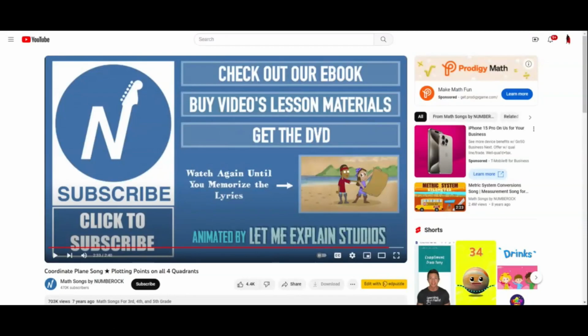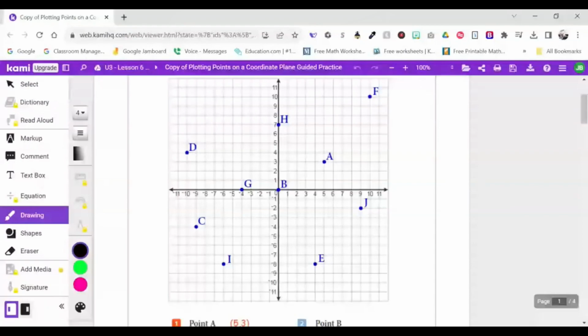All right. I'm going to start with this. Okay, so you should have a sheet that looks like this.